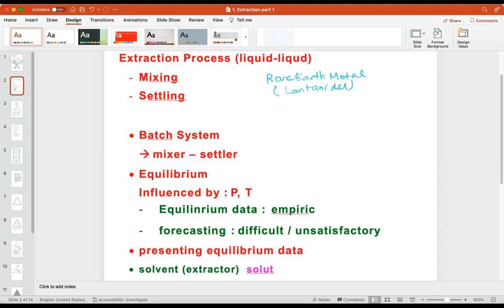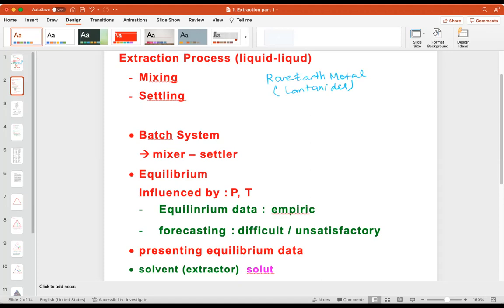The rare earth metals are dissolved in some solution, for example an aqueous solution, and then contacted with a type of organic solvent, which is proprietary and has a trademark name.